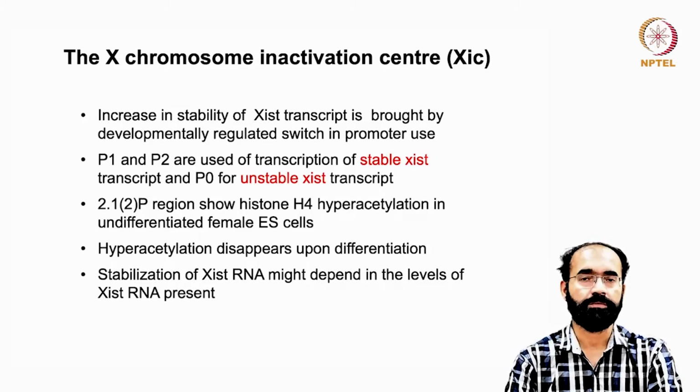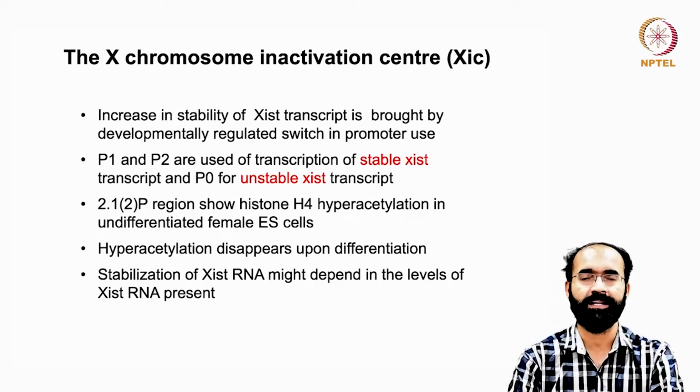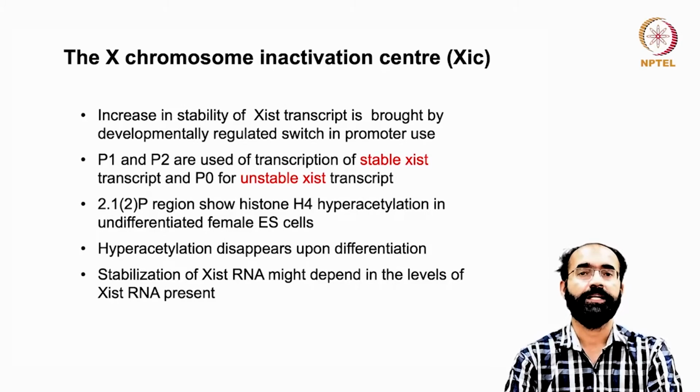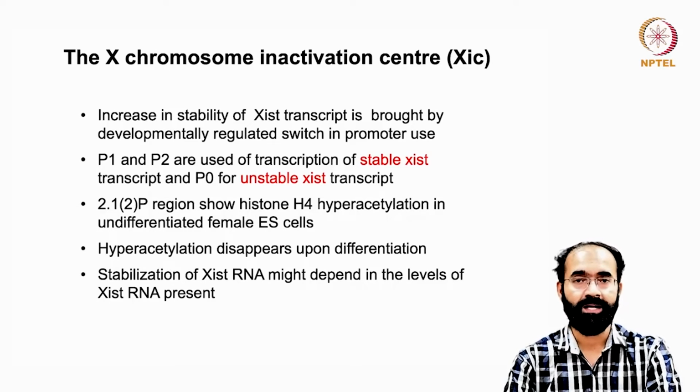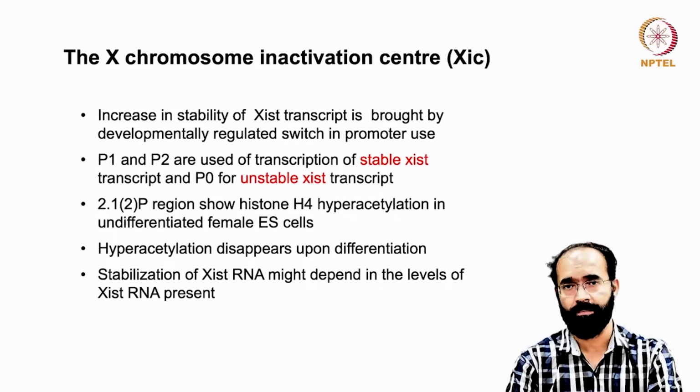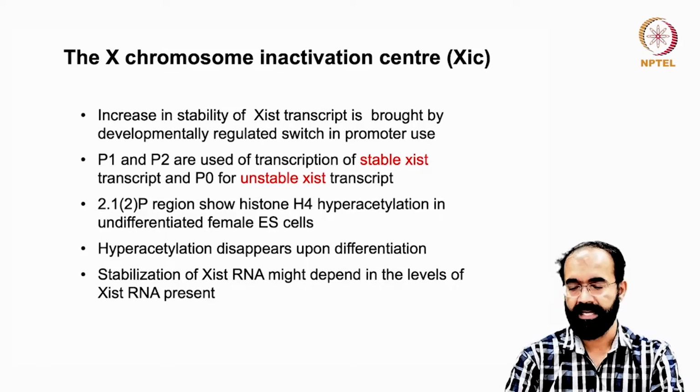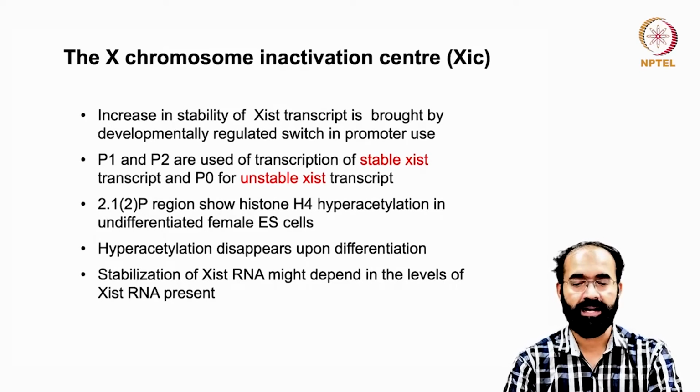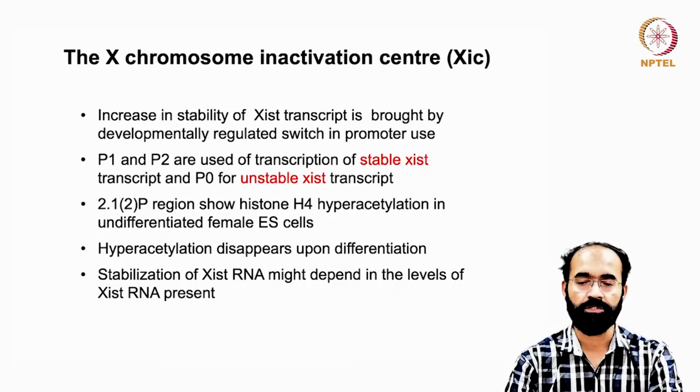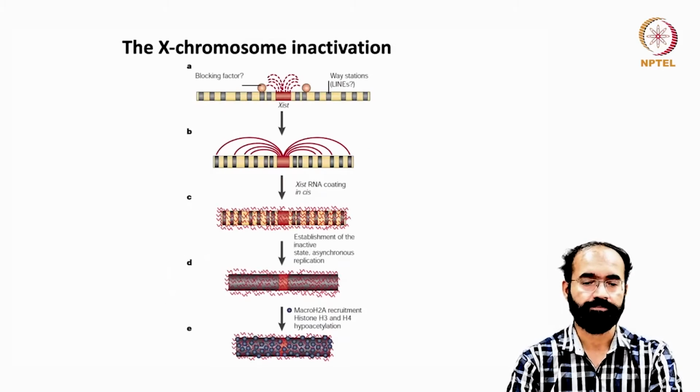So your stability can be in question. But if 100 people or 500 people or 10,000 people are going, then you will have strength in numbers and automatically it will enhance your chance of survival and stability. So this happens in the case of Xist RNA also. Their number, the load or the amount present, also can contribute to the Xist stability.